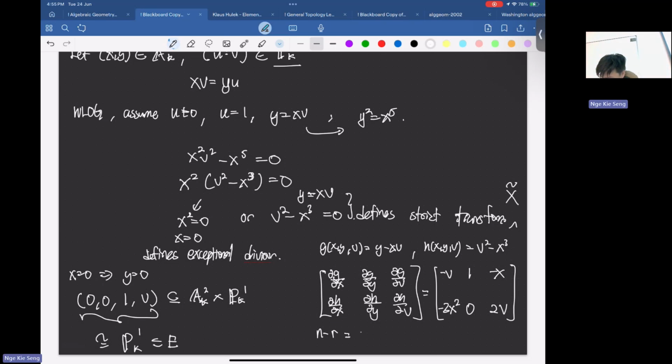The dimension n is 3, minus r. What should r be?